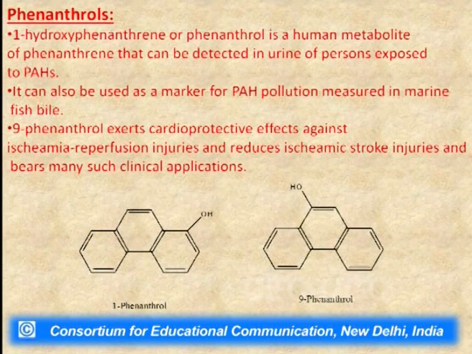The 1-hydroxyphenanthrene, or phenanthrol, is a human metabolite detected in the urine of persons exposed to these polycyclic aromatic hydrocarbons. It is also a pollutant which can be detected in the bile of marine fishes.